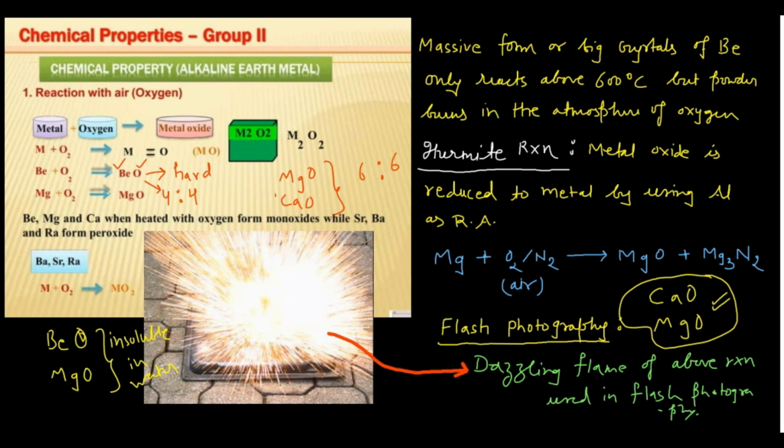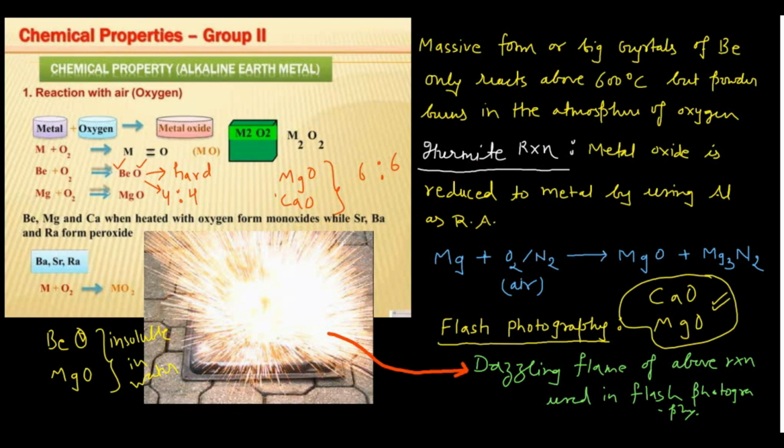And next, as you can see here, is the thermite reaction. So what are thermite reactions? Thermite reactions are reactions in which a metal oxide is reduced to the metal by using aluminium as the reducing agent. This is the very famous thermite reaction.